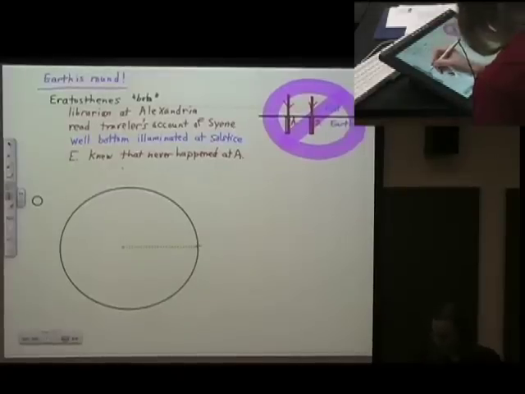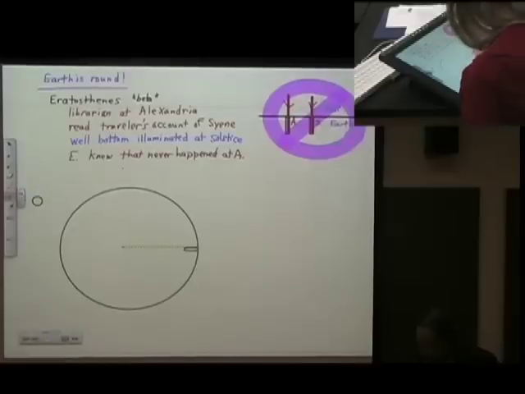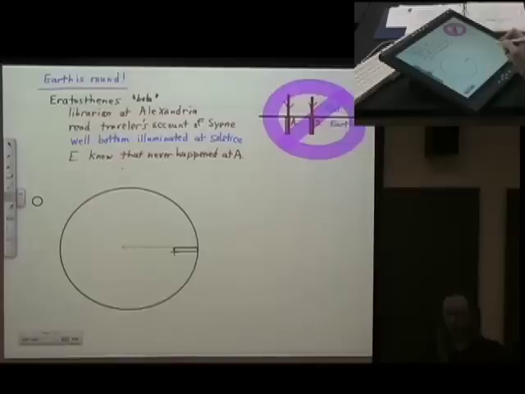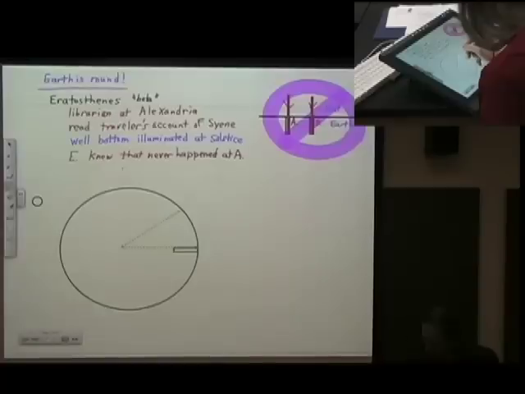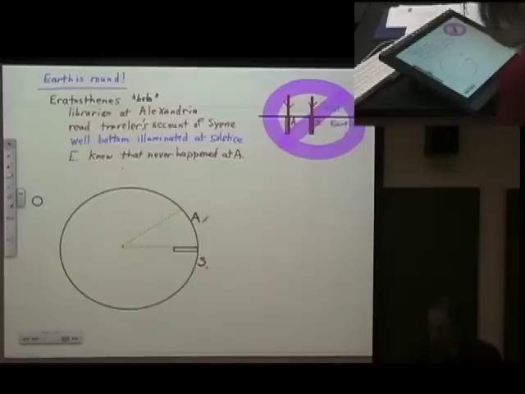And then at Syene, I'm going to put in a well. Maybe something like that. It's a deep well, and of course exaggerating the size of the well. And then let's also draw in the situation at Alexandria. So at the bottom, we have Syene and its well, and then we have Alexandria up here, say maybe there.